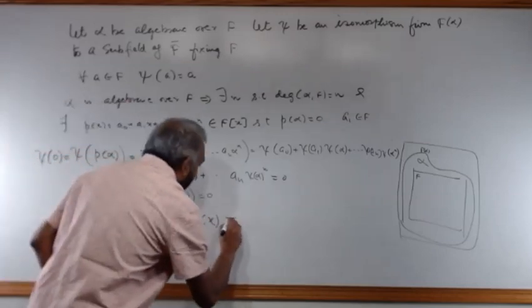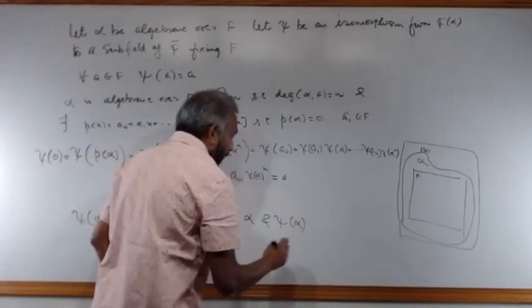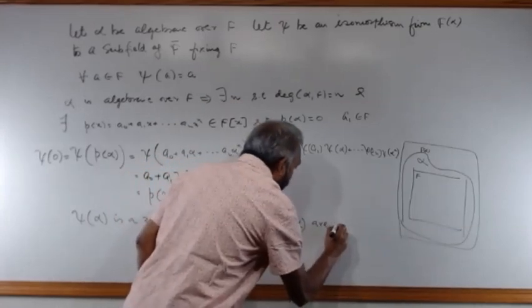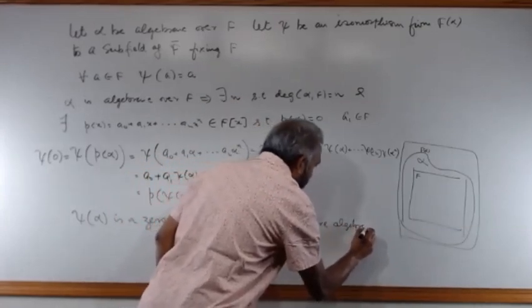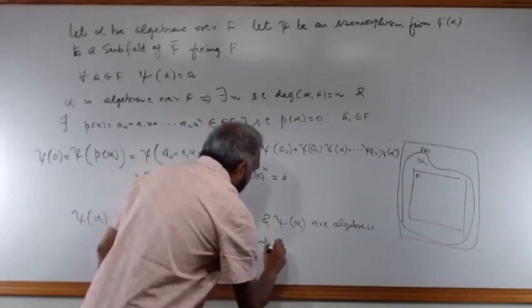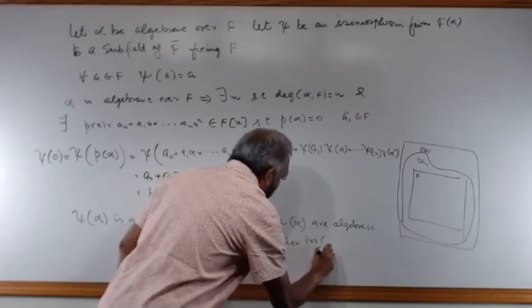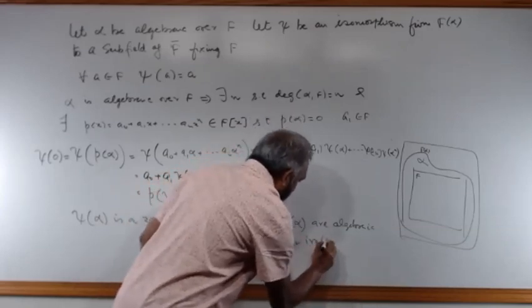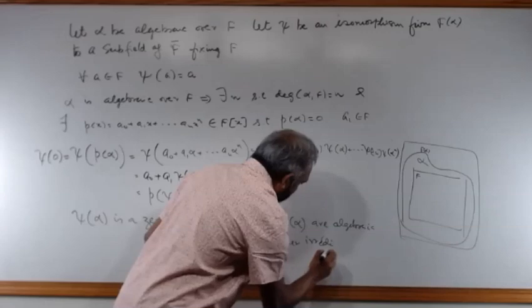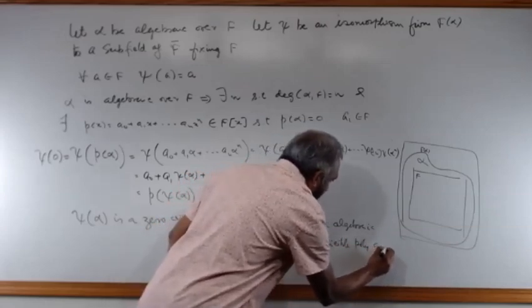So that implies alpha and psi of alpha are algebraic and their irreducible polynomials are the same.